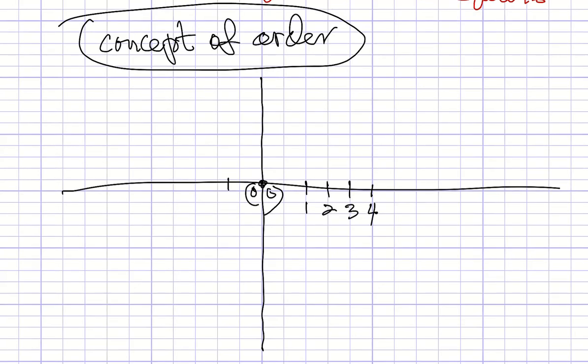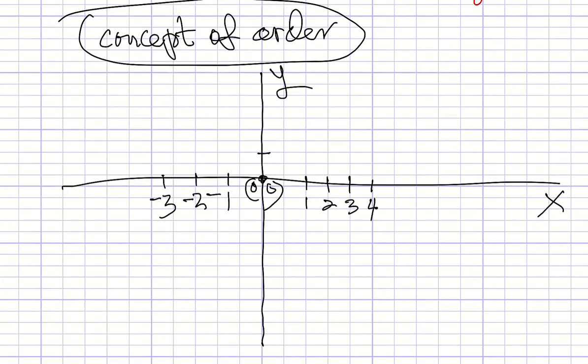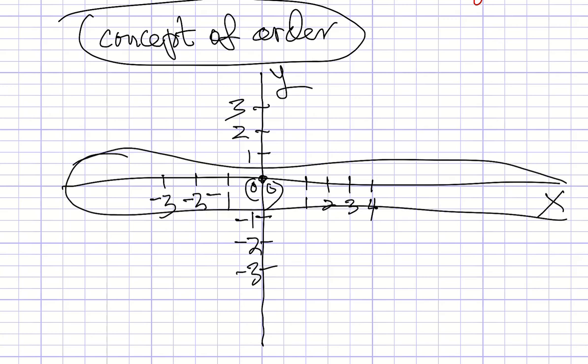And then you have -1, -2, -3. In the y-axis, this is the x-axis, this is the y-axis, you have 1, 2, 3, and then you keep going down, -1, -2, -3. Notice that the x-axis is reproduced in the y-axis.